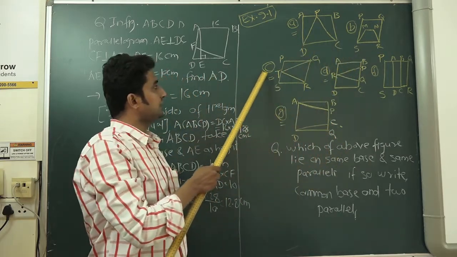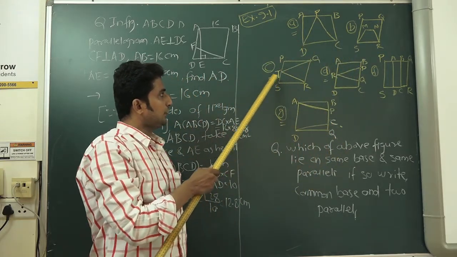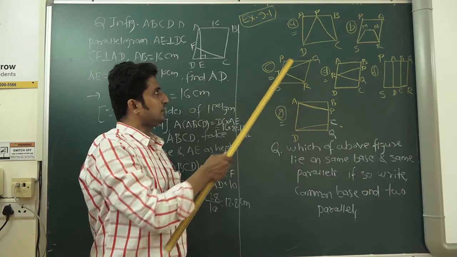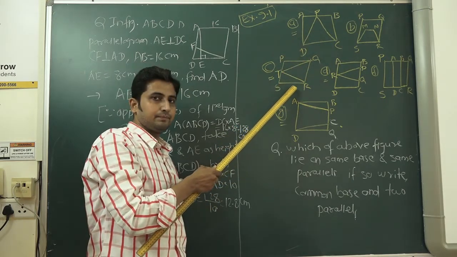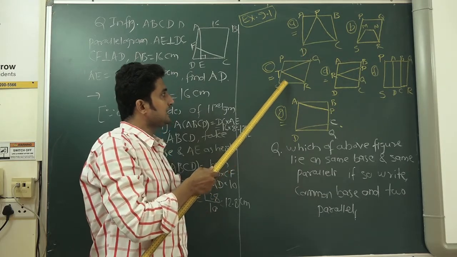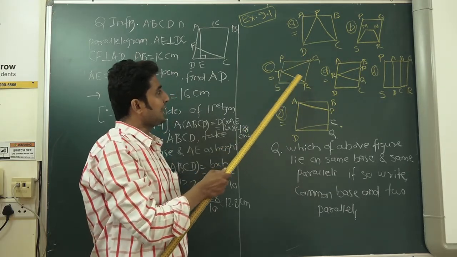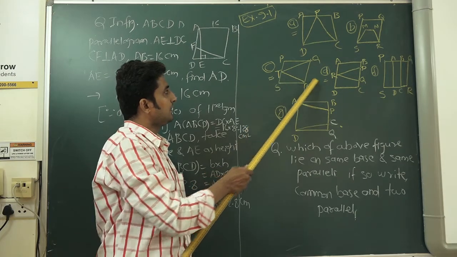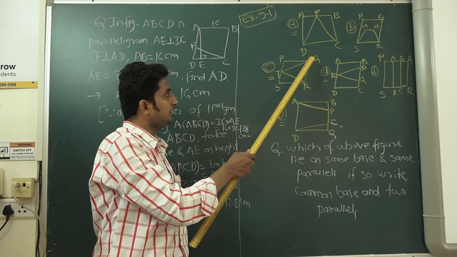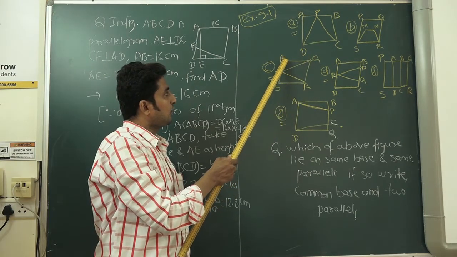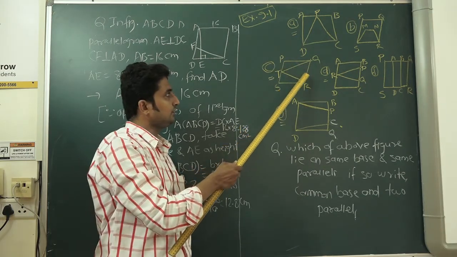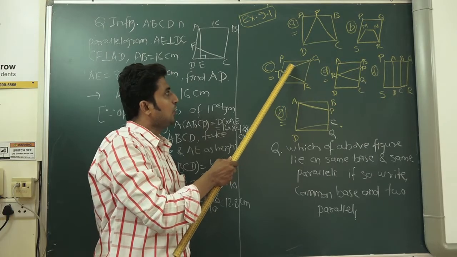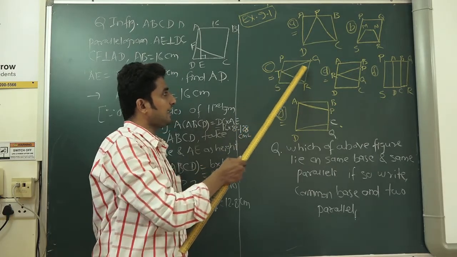Now moving on to figure C, if you rotate this figure, you will get this. Here also one triangle TRQ and quadrilateral PQRS are given, and within this quadrilateral a triangle is given.